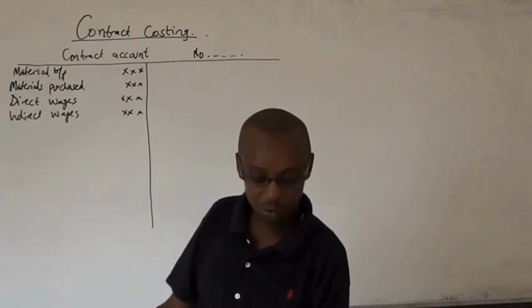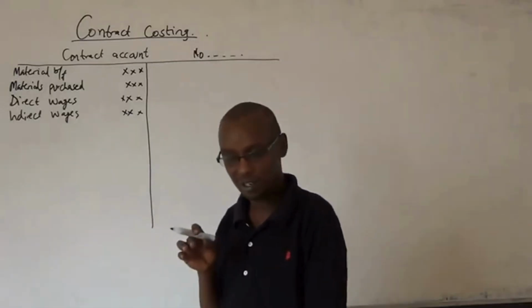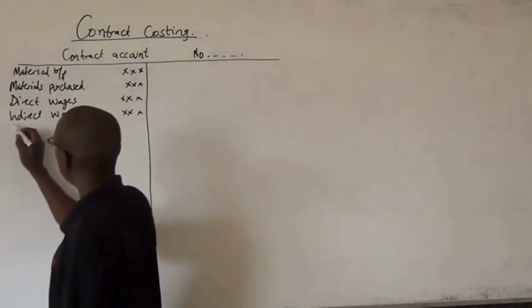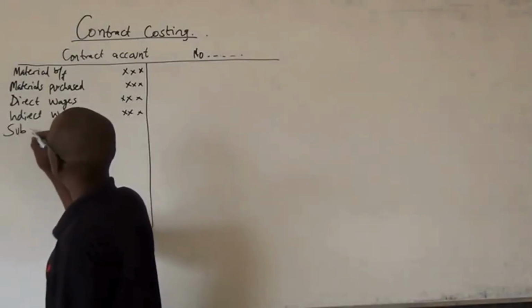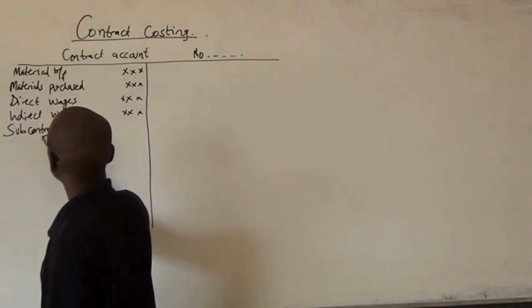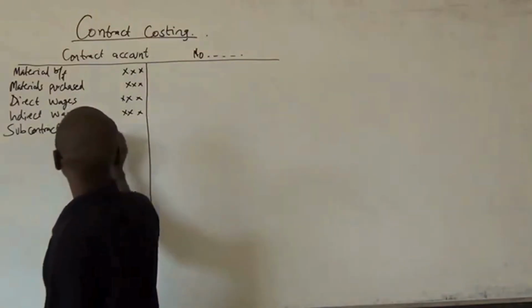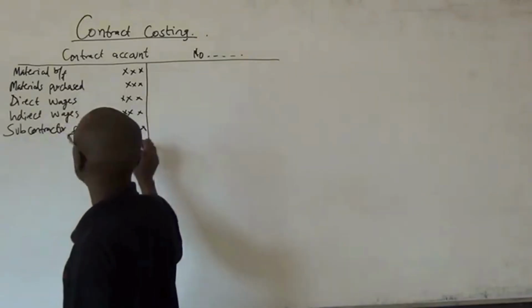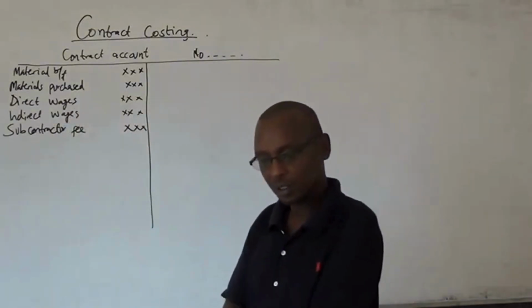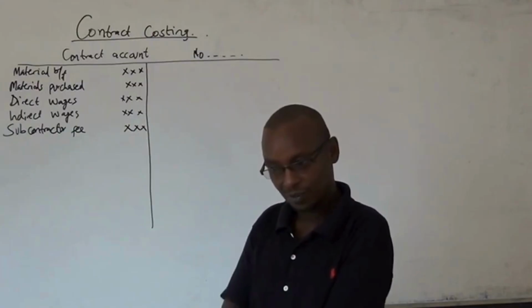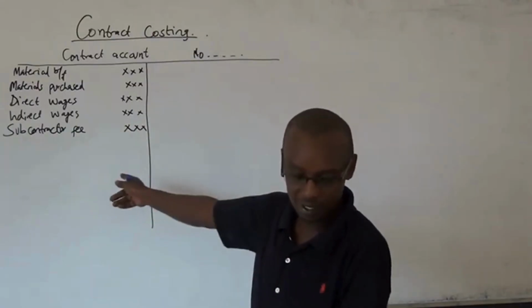That is what we mean by subcontractor. So that person is paid a subcontractor fee. Somebody has been subcontracted to come and do the plumbing works, and when we pay him, we put that money there.